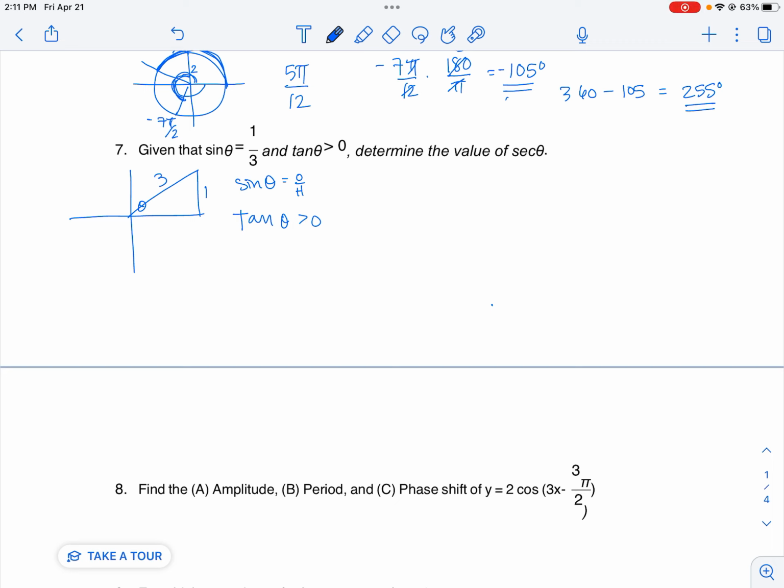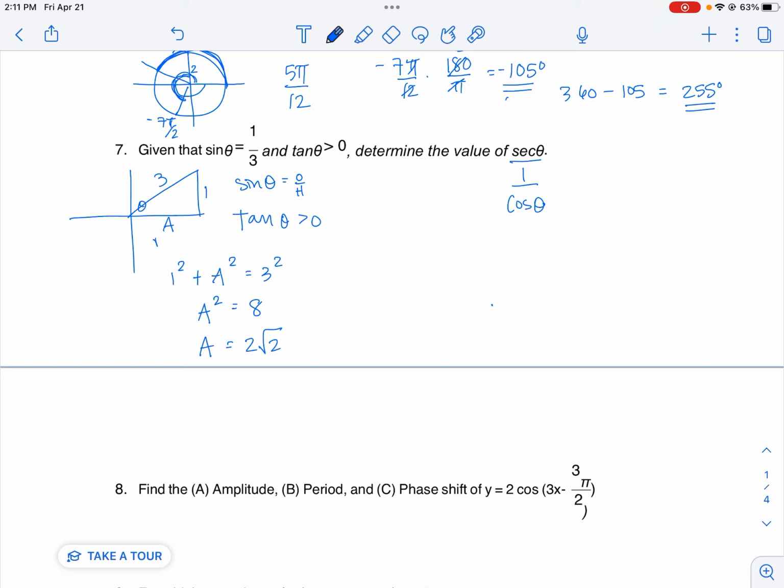What I need to do to find the value of secant, which is the reciprocal of cosine theta, is make sure that I have this side adjacent through the Pythagorean theorem. So I know that 1 squared plus a squared is going to equal 3 squared. I know that a squared is going to equal 8, and so a, if I take the square root of both of those, is going to be 2 square roots of 2.